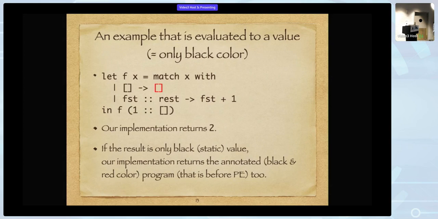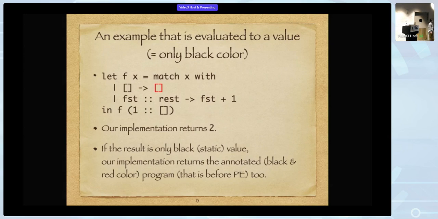And for this program, our implementation returns 2. Because 1 plus 1 will be 2. And from this, of course, if we only see this 2, we cannot see type conflicts. So our system also returns the annotated program like this. Then the user can see there is a type conflict.